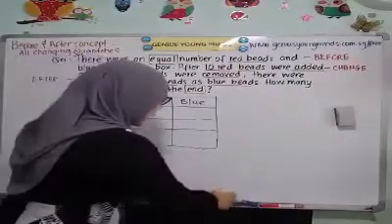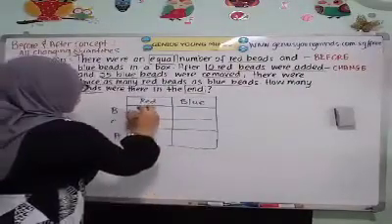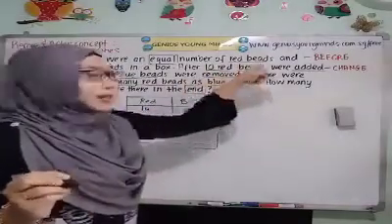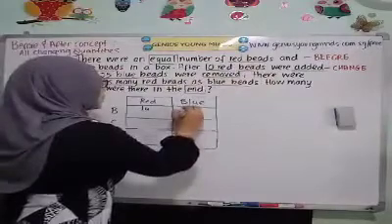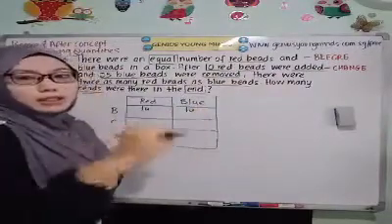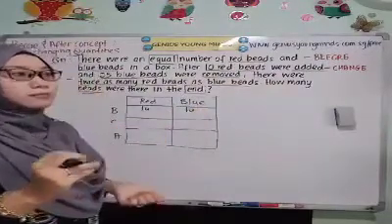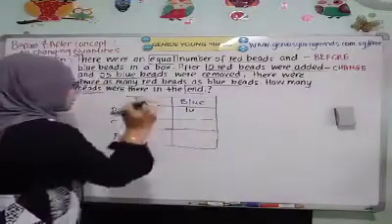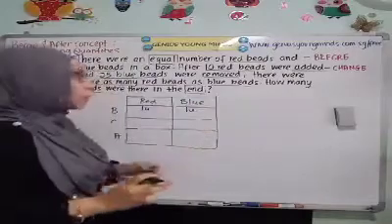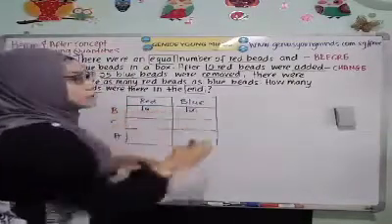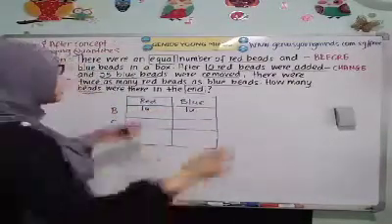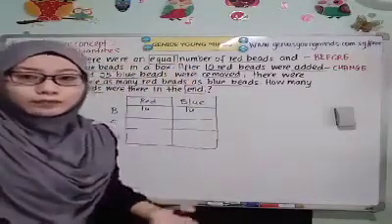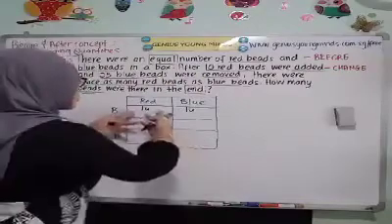We actually put it as 1 unit of red bits and 1 unit of blue bits. Because of the word equal. We do not know how many units is given, but we know they are equal. So we just put it as 1 unit, 1 unit.